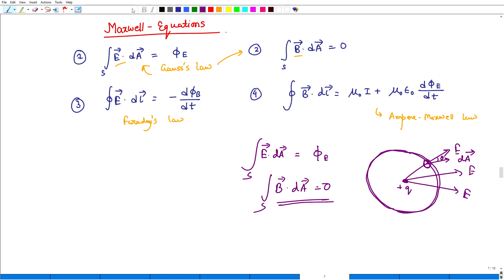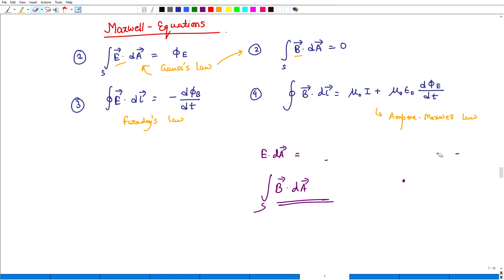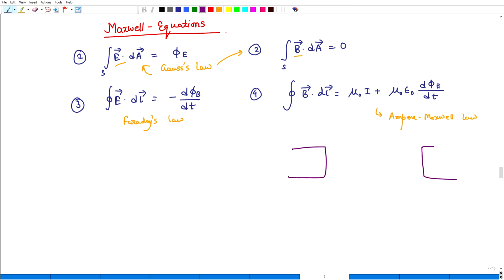Now the Faraday's law. What is the meaning of the Faraday's law? If we consider a magnetic field, let's say this is N, this is S, then there will be a magnetic field and also a magnetic flux.